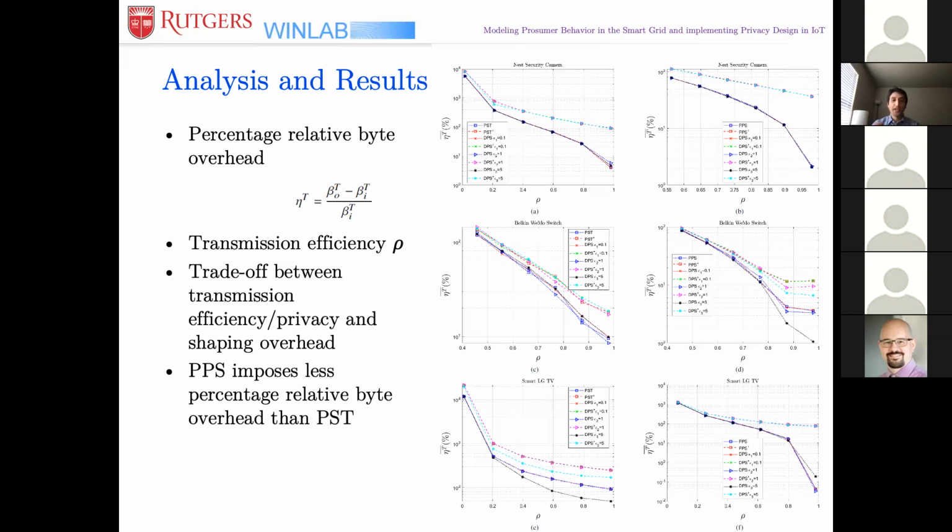We observed the trade-off between the transmission efficiency and privacy with the shaping overhead. Also, comparing the left and right columns of the figure shows that the PPS shaping mechanism imposes less percentage relative byte overhead than PST.